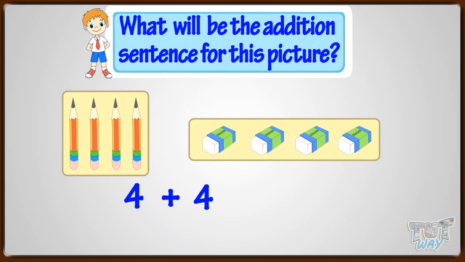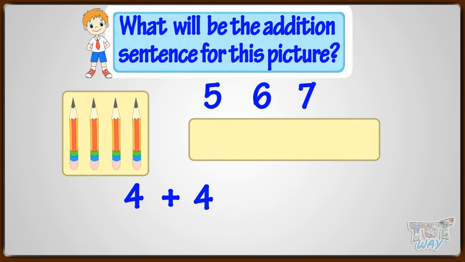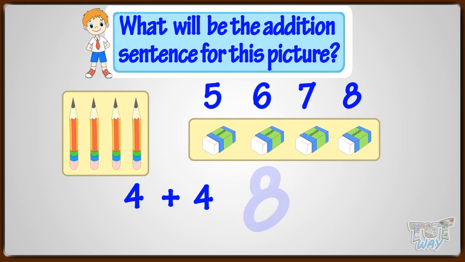You know pencils are 4, so count from 5, the erasers. 5, 6, 7, 8. So, total number of things are 8. So write 4 plus 4 equals 8. And this is our addition sentence for the picture.